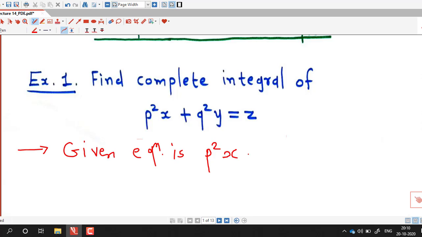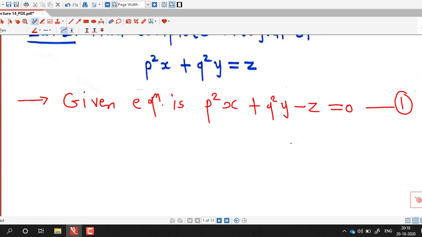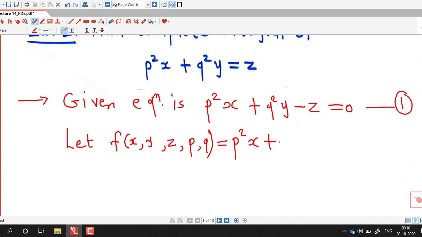So we rewrite the given equation as p square x plus q square y minus z equal to 0, and we give this number 1. Then we assume that the left hand side is denoted by small f, which is a function of x, y, z, p and q. So suppose p square x plus q square y minus z equals f.